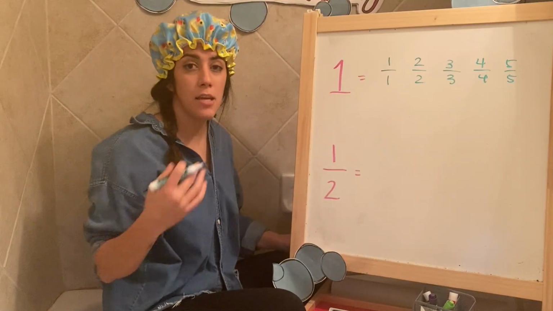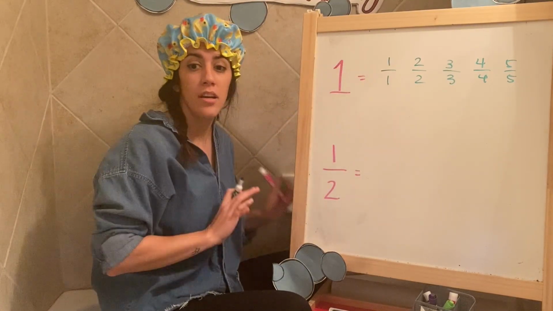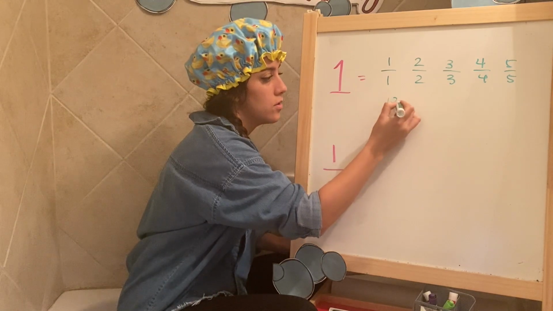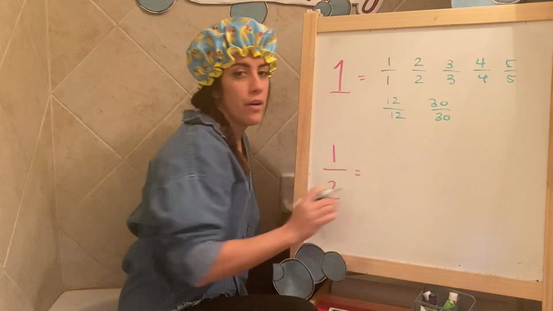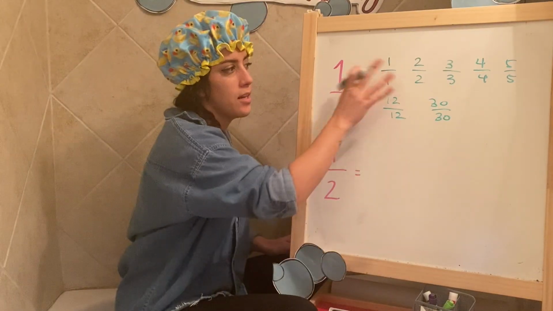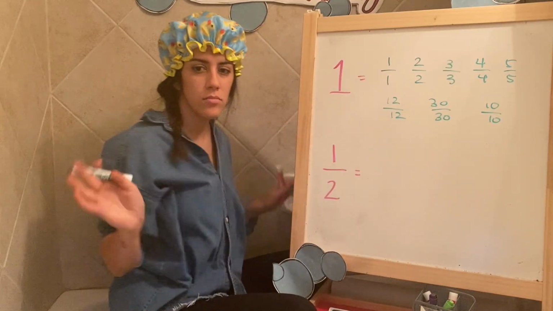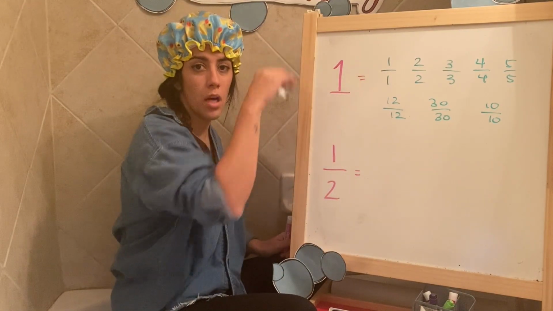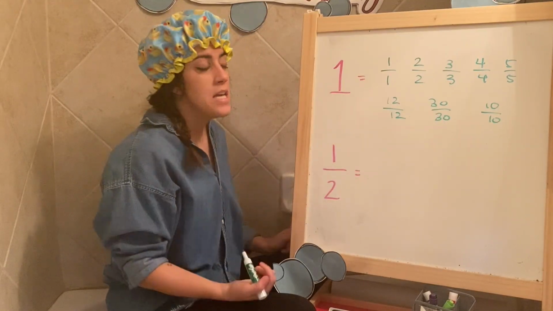If it has the same number in the numerator as the denominator, it's equal to 1. So it could be 12 over 12, you name it, 30 over 30. Whatever number you want to put, it's going to be equal to 1, right? So 10 over 10, you can keep going. Same number, top and bottom, equal to 1, always, okay? Remember that, that's just like a rule.